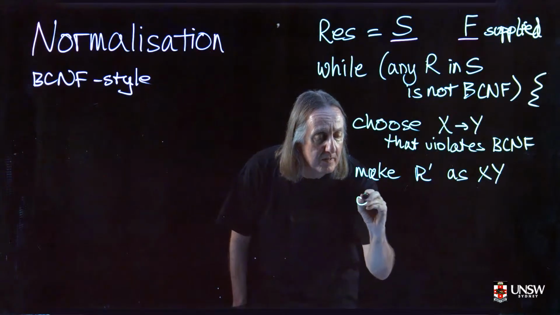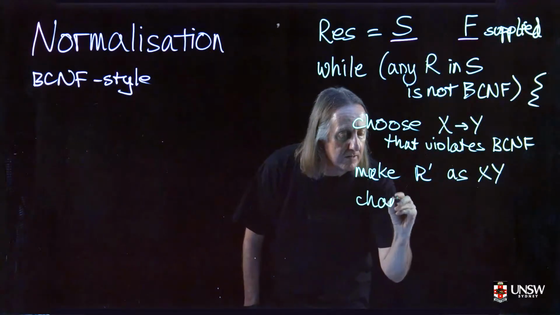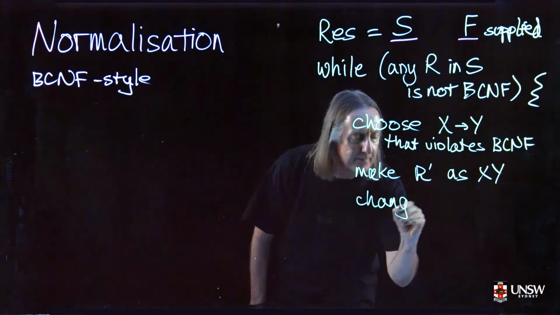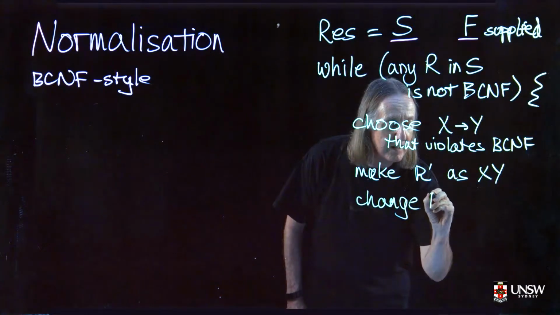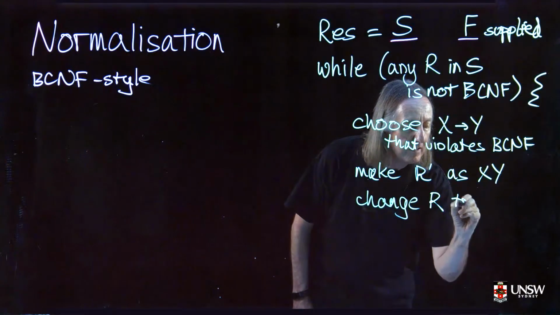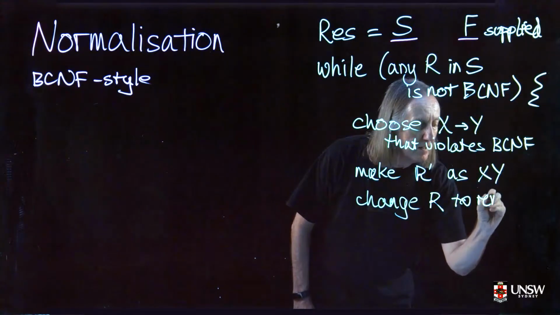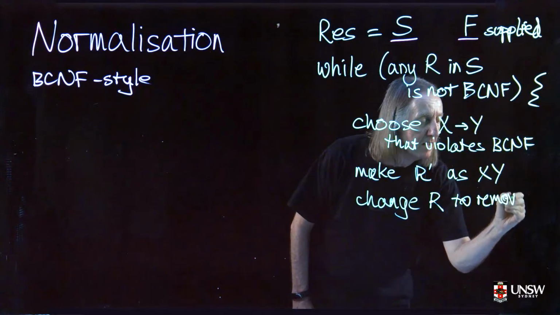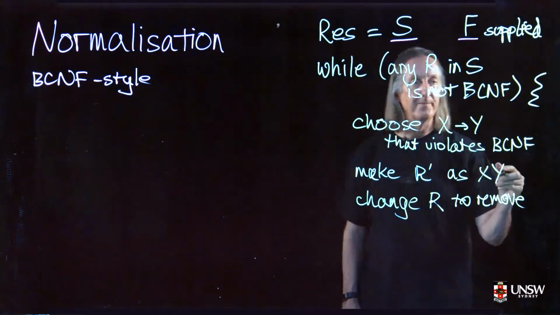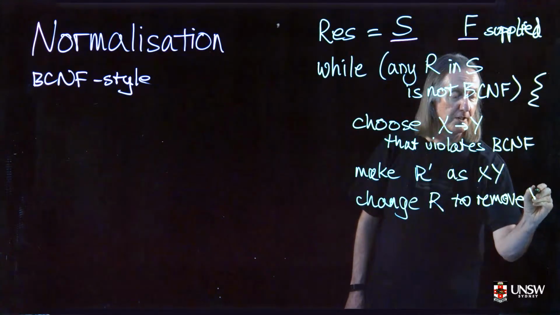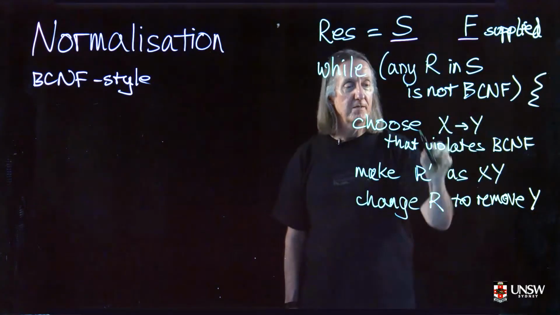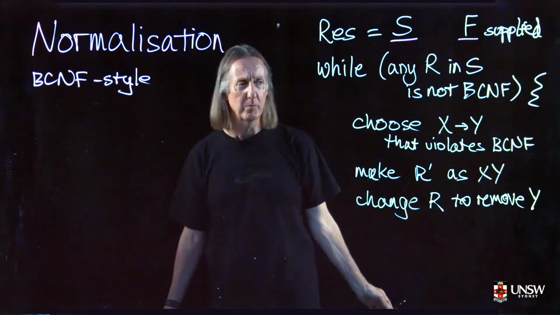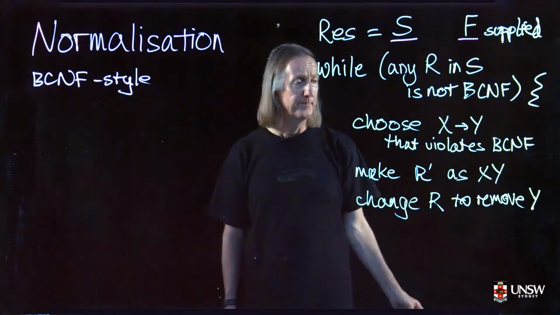So if we, with our squeaky pen, remove Y from R, well, this functional dependency isn't causing a BCNF problem with R anymore.